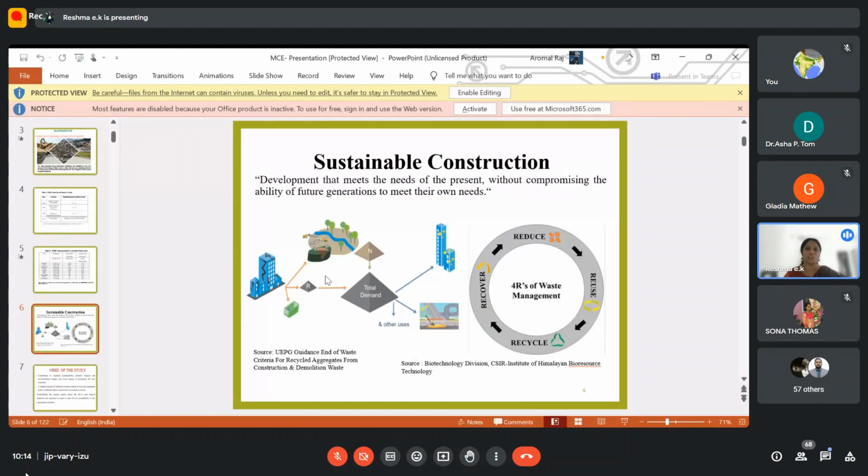So now in future we may face a situation where we will not be able to go for natural aggregates, because in getting natural aggregates there are many issues, environmental issues and carbon footprint, all those things. So we will have to go for something which is sustainable in nature. That is the best way to utilize the construction demolition waste, in terms of recycled concrete aggregate.